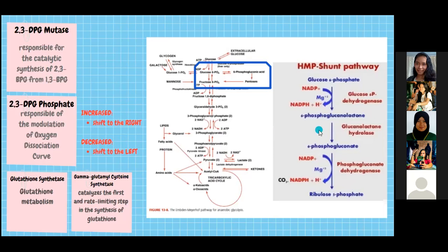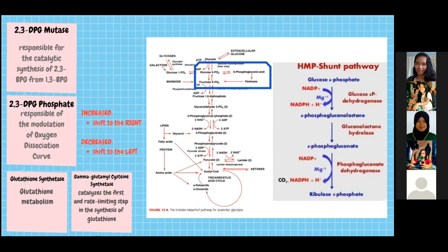So of course, in order for this glutathione to be functional, it must first be reduced by the NADPH. So once this glutathione is reduced by the NADPH, this glutathione can convert our oxidative radicals into water and oxygen.